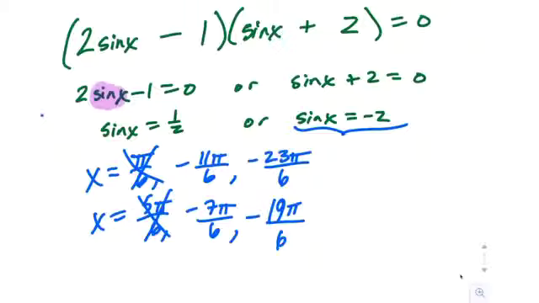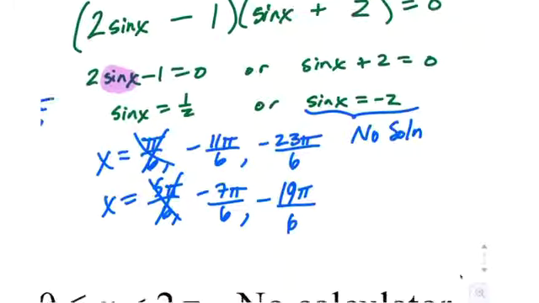Well, it would be below the y-axis, but sine equaling negative 2? Is negative 2 a legal sine ratio? Sine has to be between negative 1 and 1. So yes, good. This is no solution. All right, no solution. And so the 4 solutions that we have listed are the only 4.